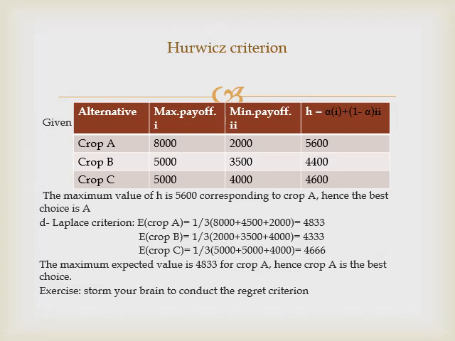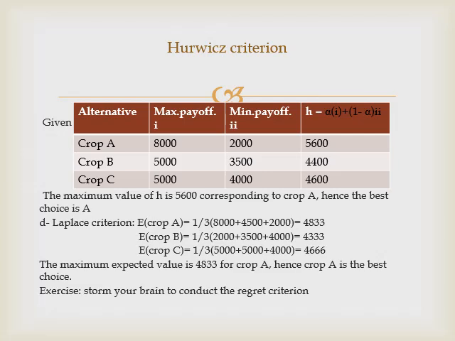For group C, the max payoff is 5,000. The mine payoff is 4,000. Then H equals 0.6 multiplied by 5,000 plus 0.4 multiplied by 4,000. The result is 4,600.